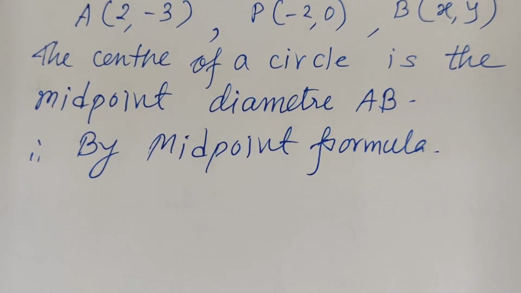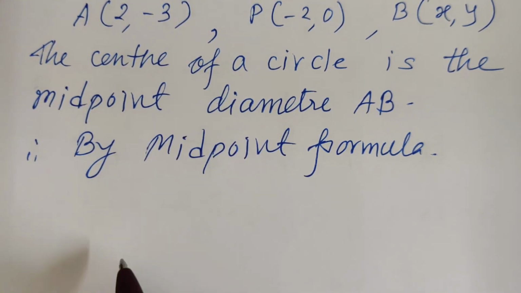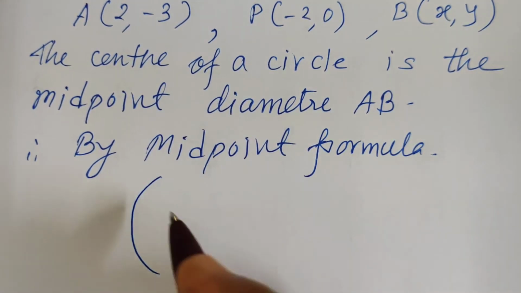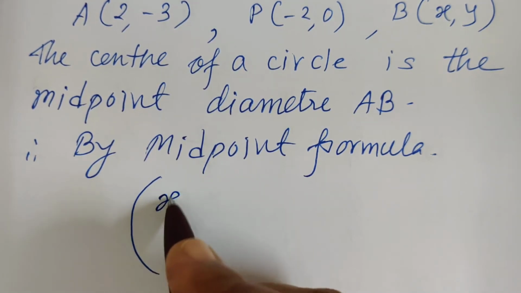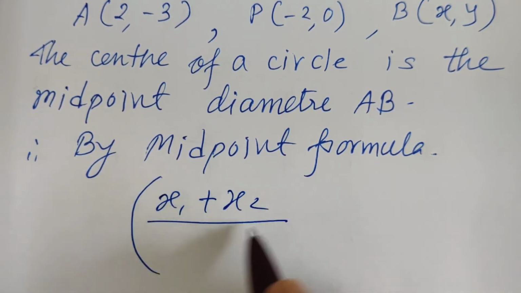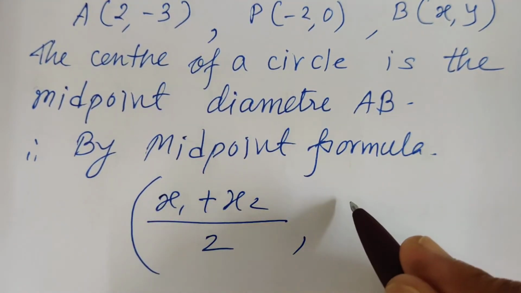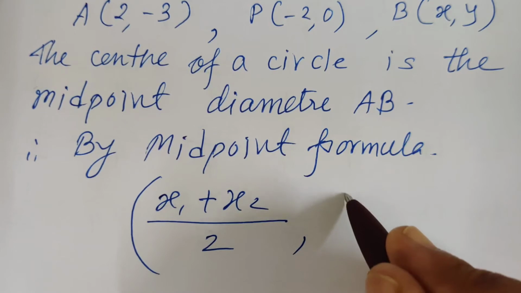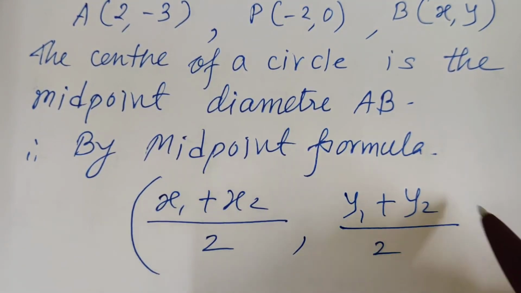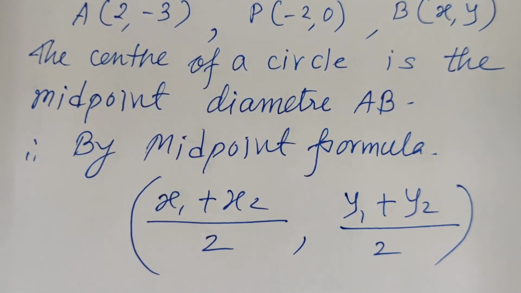It carries separate marks, so you should know the formula. Both the formulas you highlight here, one for the first coordinate and another for the second coordinate. So the formula is (x1 plus x2) upon 2, for the first coordinate, and (y1 plus y2) upon 2, for the second coordinate.